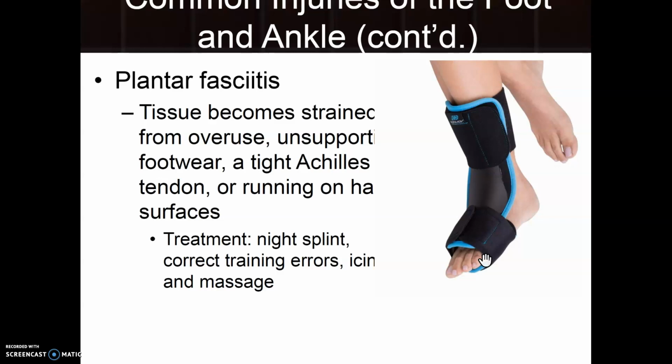Plantar fasciitis. Again, this is the base of the foot. The tissue becomes strained from overuse. Footwear, tight Achilles tendon, running on hard surfaces are the primary cause. So in your history, you could evaluate their footwear.